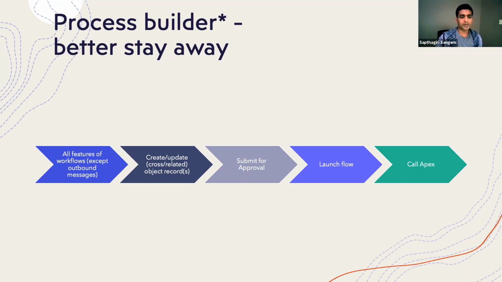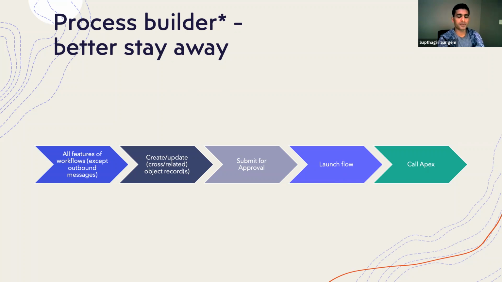Then the workflow won't do any updates to cross objects. Let's say you are updating an account or contact, and you want to update the related account, the workflow is not suitable for that. So you have to write a trigger using Apex, or find some other way.